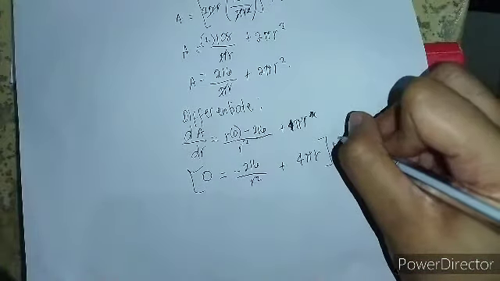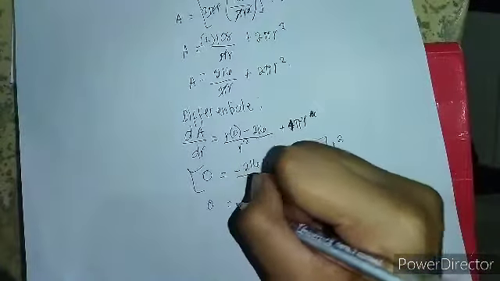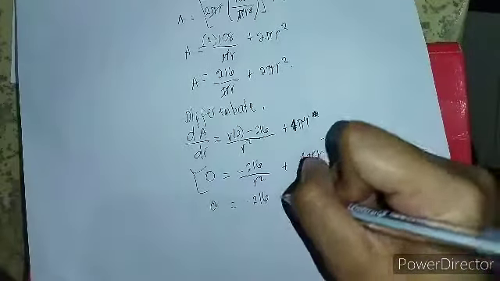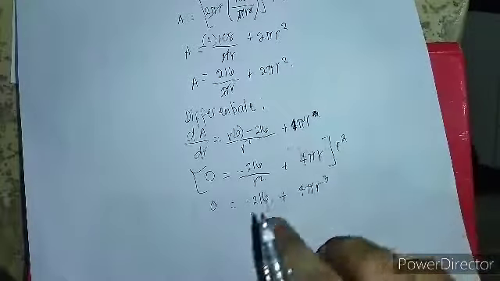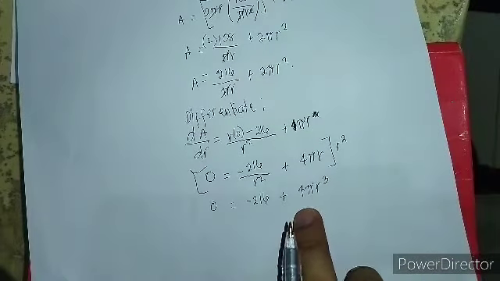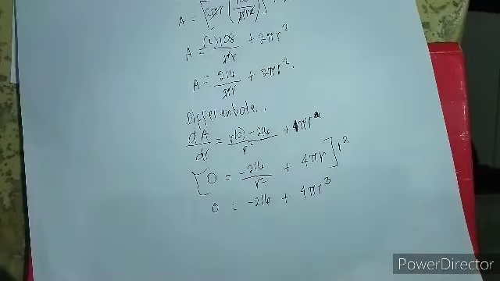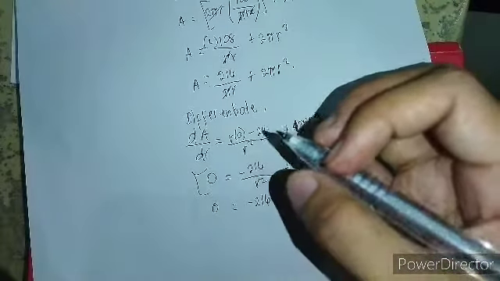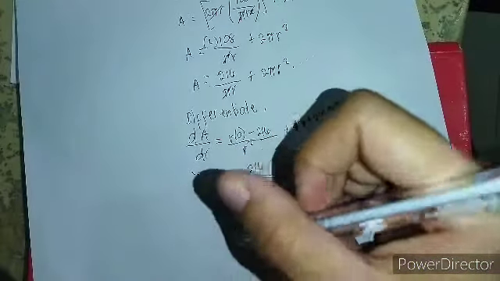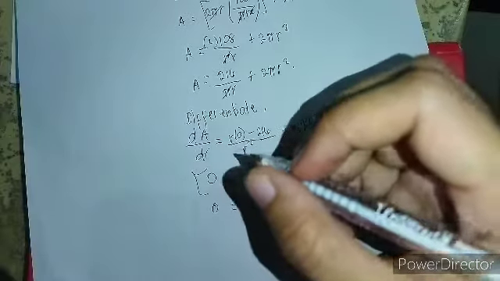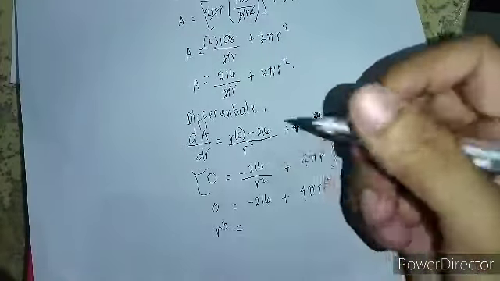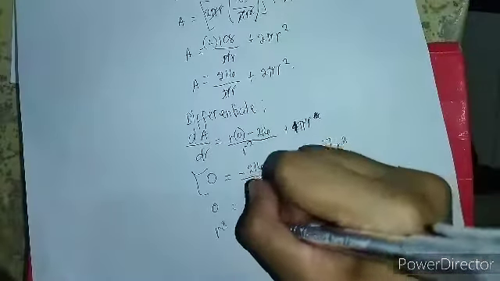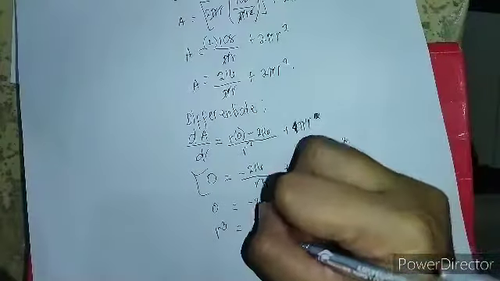So we divide both sides by r squared. So we have 0 is equal to negative 216 plus 4 pi r cubed. So we get the value for our r: r cubed is equal to 216 over 4 pi.